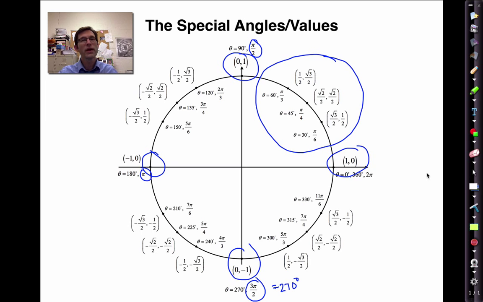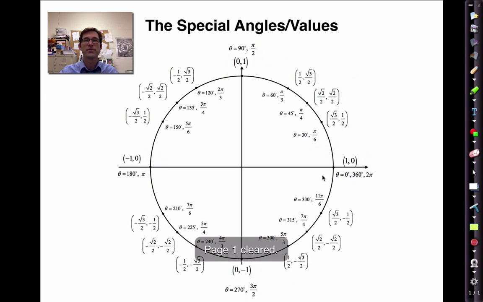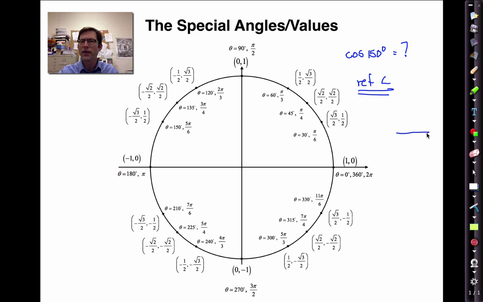Here's why you only need to know the first quadrant. Pretend you can't see any other quadrant. Seriously, I know, but pretend. Let's say I wanted to know what the cosine of 150 degrees was. What I would do is look for the reference angle. Do you remember the reference angle from a few minutes ago? 150 degrees would look something like this.